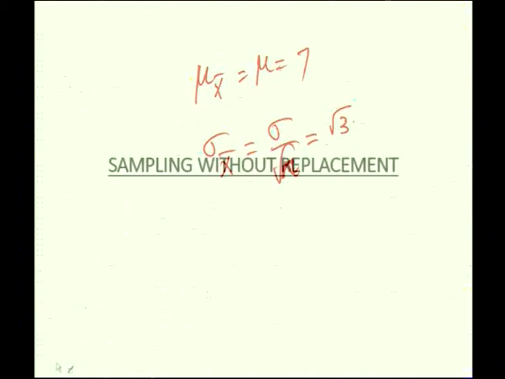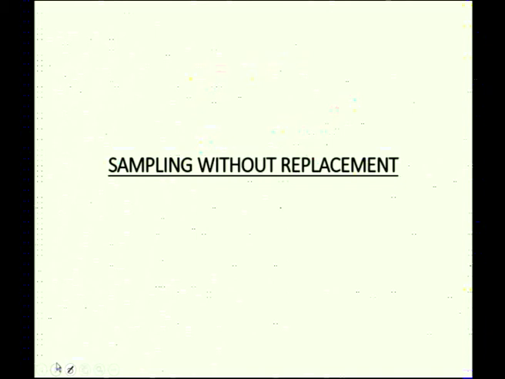Next, we shall discuss the sampling without replacement. In sampling without replacement, the sample values are not replaced for consideration into another sample. So, each sample value is dependent on the previous ones.